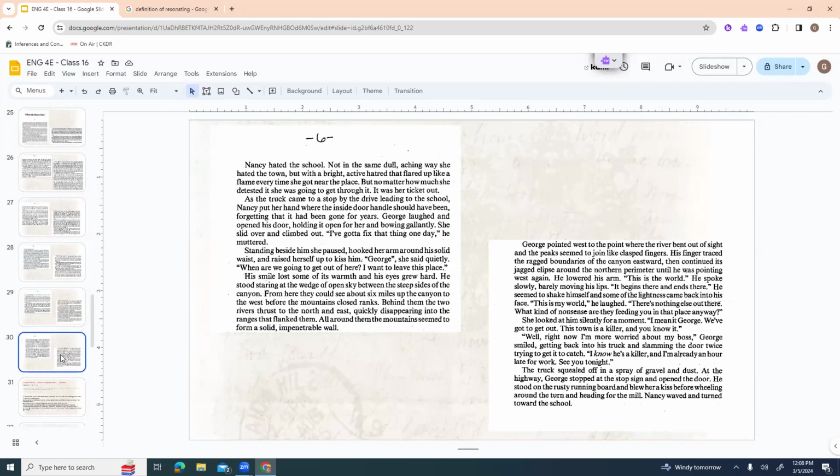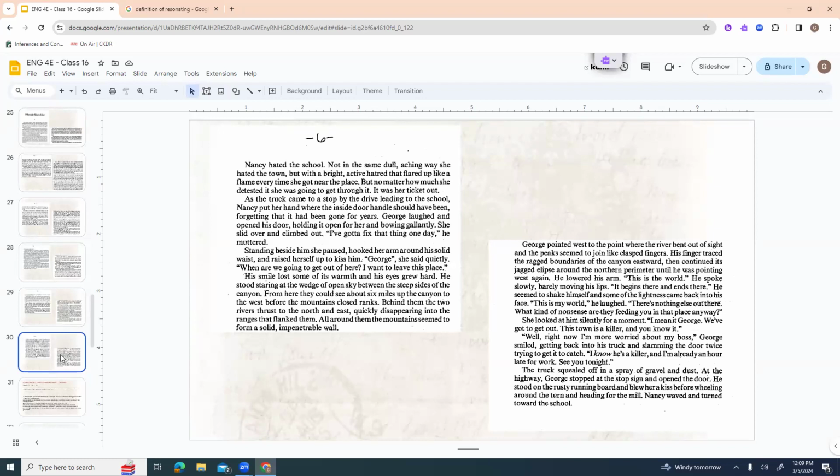He stood staring at the wedge of open sky between the steep sides of the canyon. From here, they could see about 6 miles up the canyon to the west before the mountains closed ranks. Behind them, the two rivers thrust to the north and east, quickly disappearing into the ranges that flanked them. And all around them, the mountains seemed to form a solid, impenetrable wall.